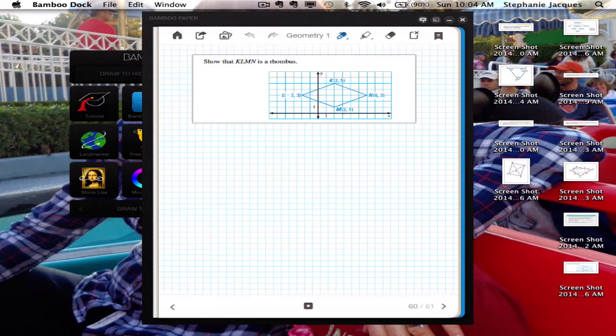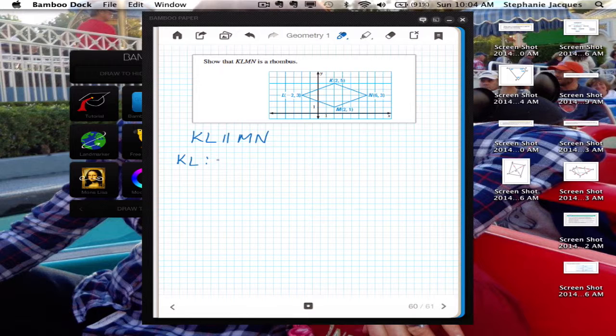The next thing we're going to look at is, it says to show that KLMN is a rhombus. And I'm going to do that by proving that the sides are congruent to one another. So we're going to prove that KL is congruent to MN. I know that KL has coordinate points. I'm going to find the length of KL.